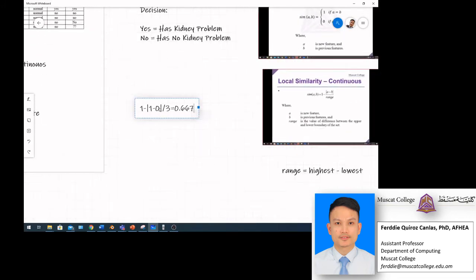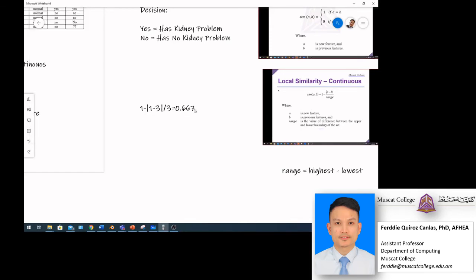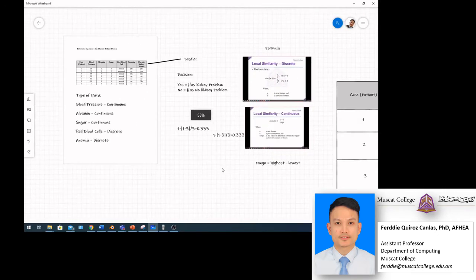Replace this one with 3 and recalculate. 1 minus 3 over 3, which is 1/3, so 0.333. Control C, copy this, then place it here again.